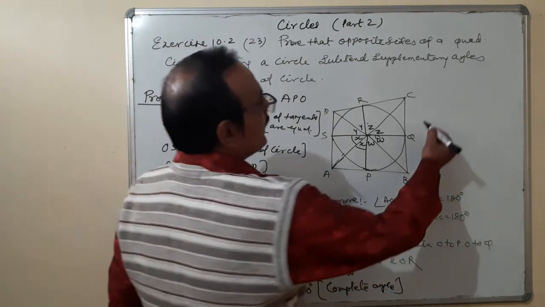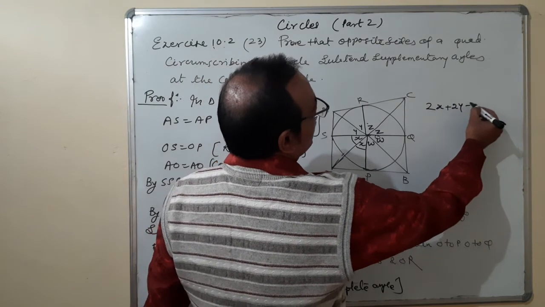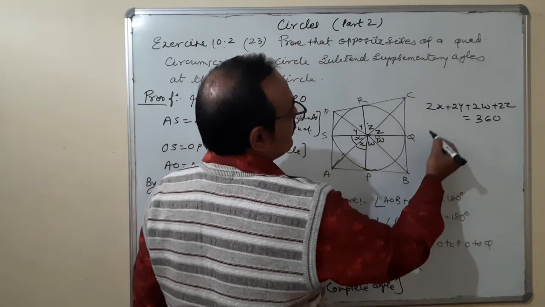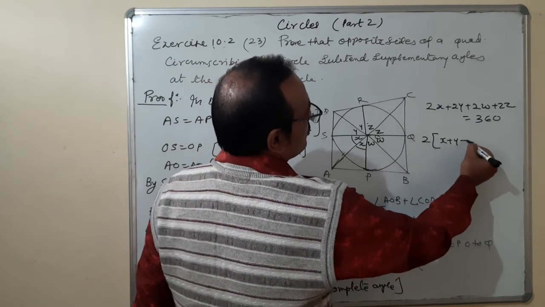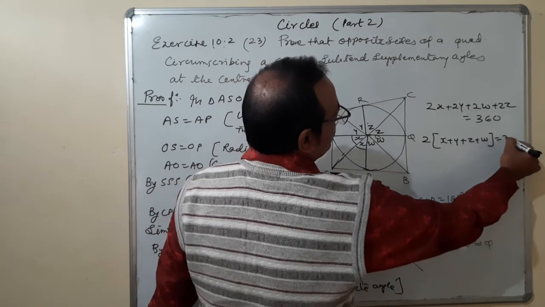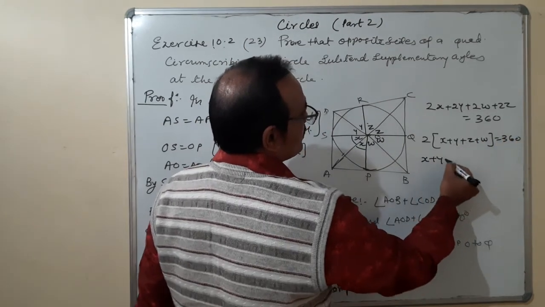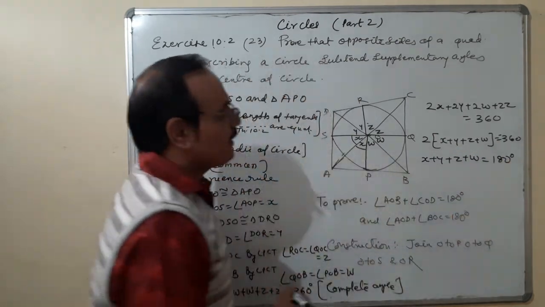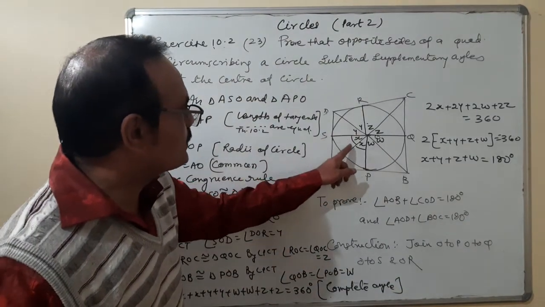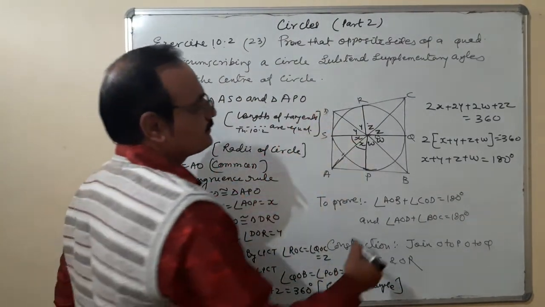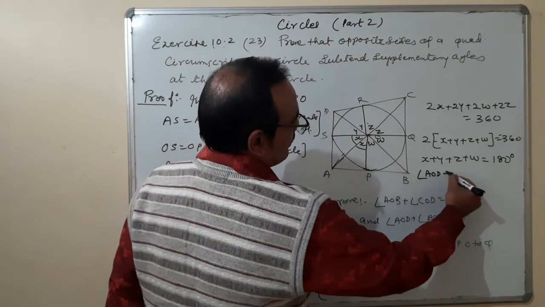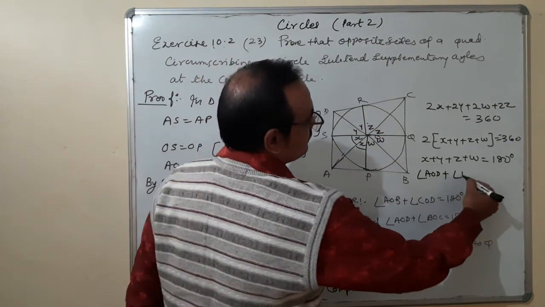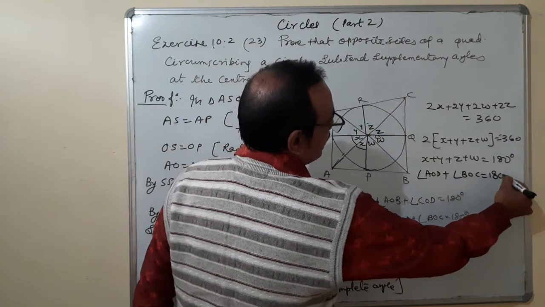So that means it is 2x plus 2y plus 2z plus 2w is equal to 360. When I take 2 common, x plus y plus z plus w is equal to 360 divided by 2, it is 180. And x plus y, what does it mean? x plus y is angle AOD, plus z plus w, angle BOC, is equal to 180.